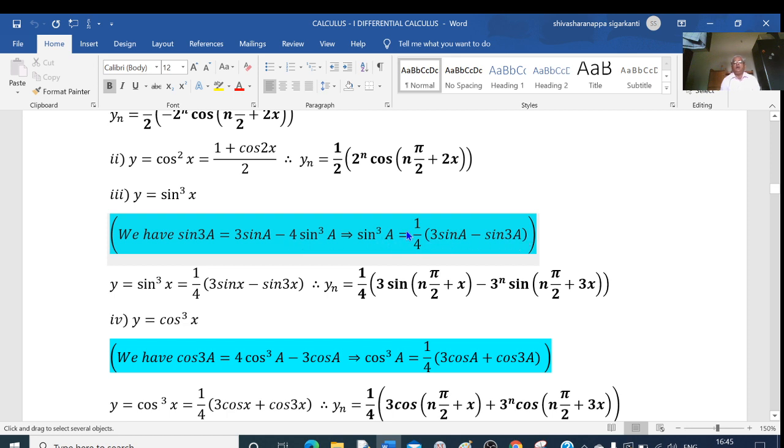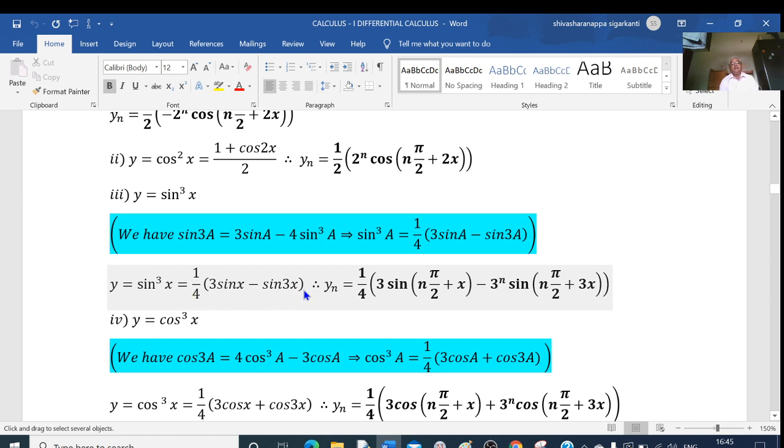Or sin cube a equal to 1 by 4 into 3 sin a minus sin 3a. See, the power 3 can be converted into sum or difference of two trigonometric functions with different angles without any powers. So, y equal to sin cube x is the given function. This can be written using this formula as 1 by 4 into 3 sin x minus sin 3x.